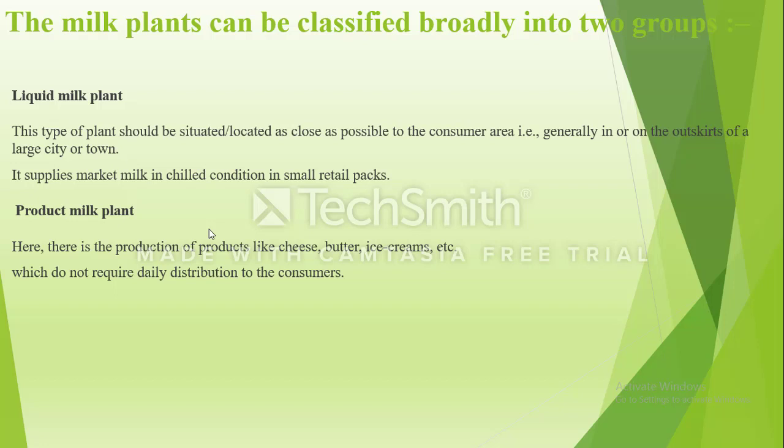In a product milk plant, there is production of products like cheese, butter, ice creams, various types of peda, as well as other valuable products made from milk. So this is all about the product milk plant.